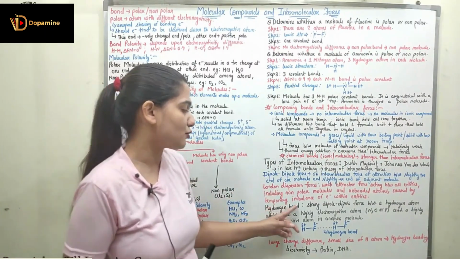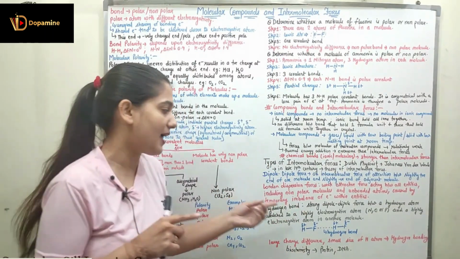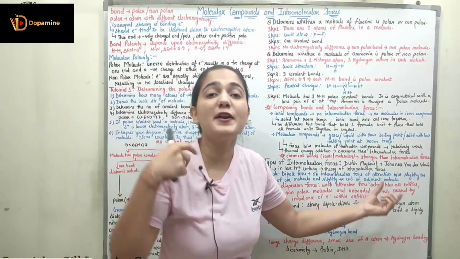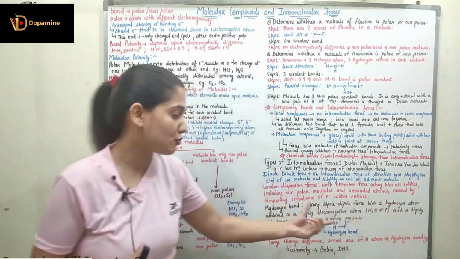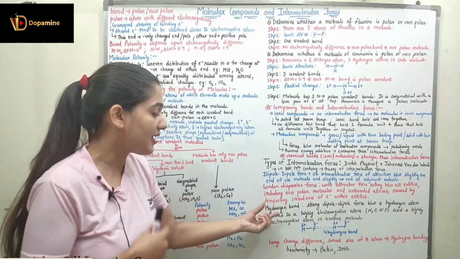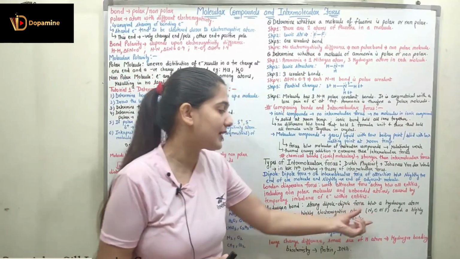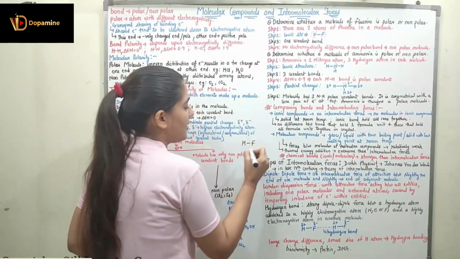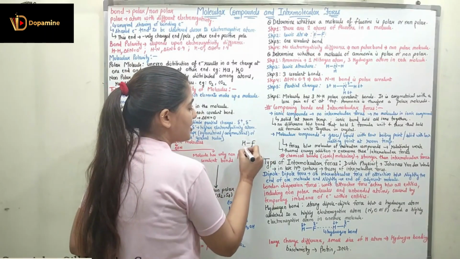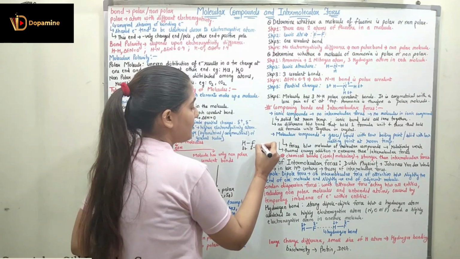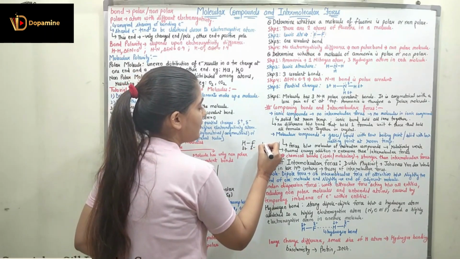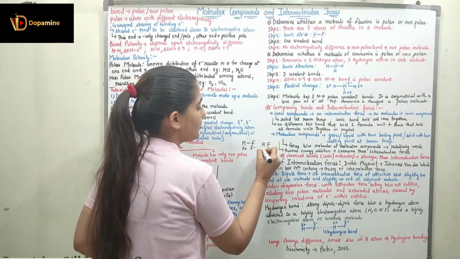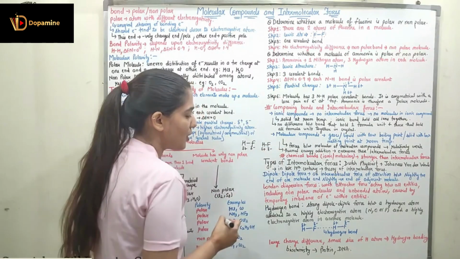Now coming to the hydrogen bond. Hydrogen bond is again a type of dipole-dipole force, but one of the atoms has to be hydrogen. So hydrogen, when it is attached to a highly electronegative atom, right? If hydrogen is connected to fluorine, this fluorine has a partial negative charge and hydrogen has a partial positive charge. Again we have hydrogen and fluorine, fluorine partial negative, hydrogen partial positive.